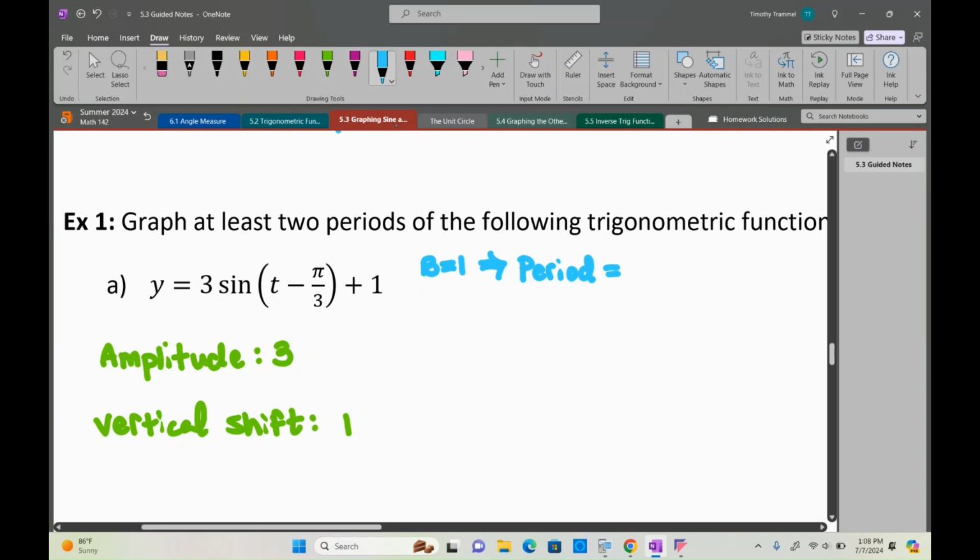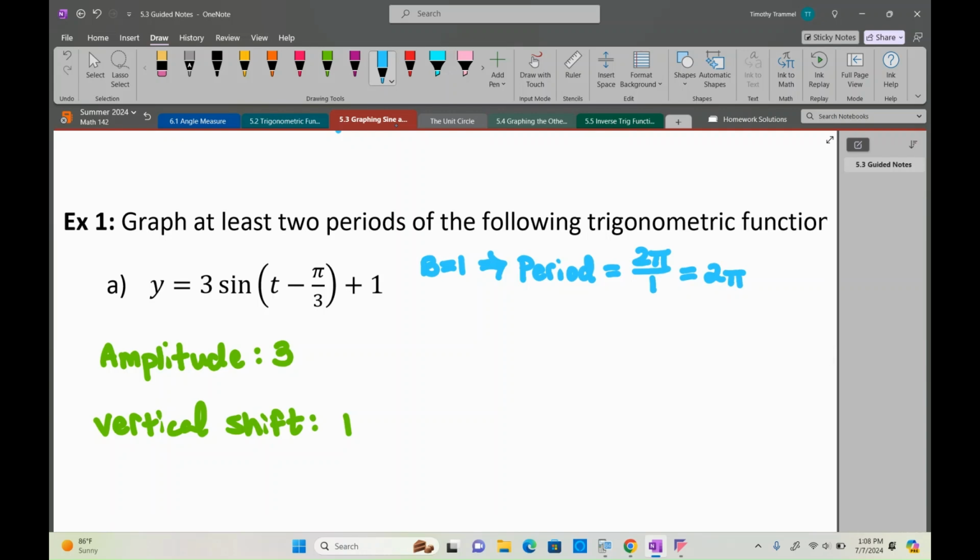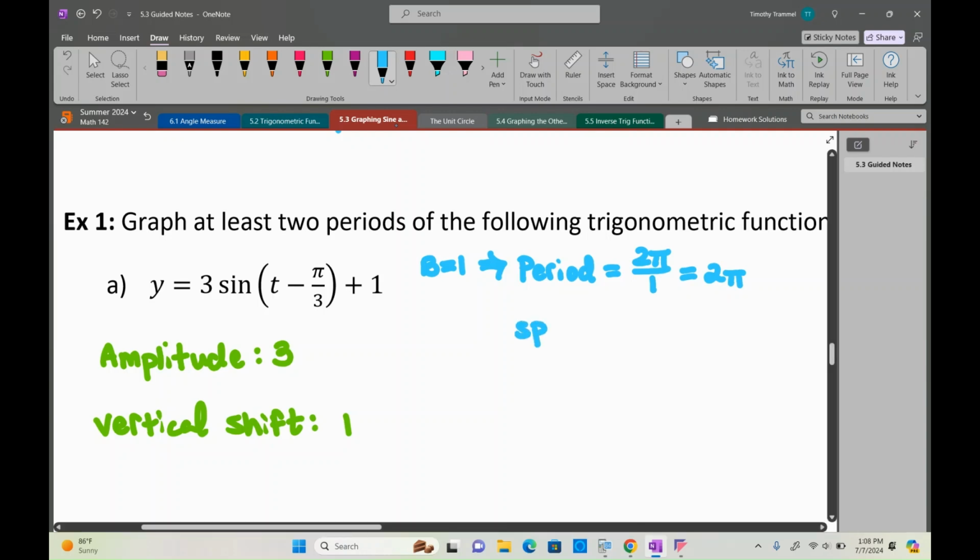The period is going to be equal to 2 pi over b. So this is 2 pi. This also means that the spacing will be the same as the spacing we've seen all along so far. The spacing here should be the period over 4. And so this is going to be pi over 2.